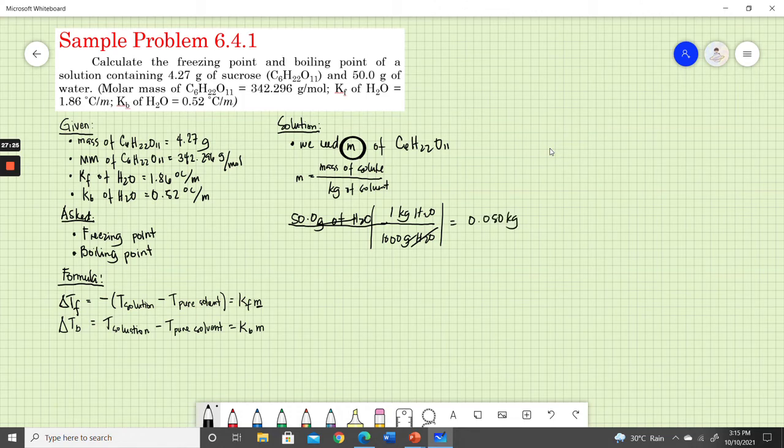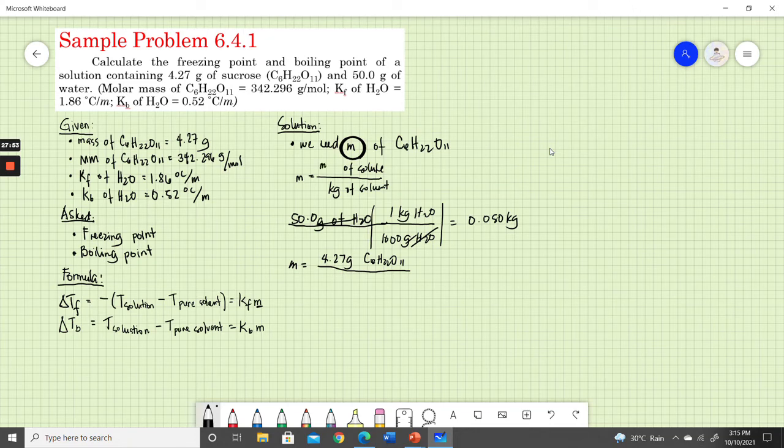Okay, so after getting the kilograms of your solvent and you have the mass of solute, the molality is equal to the mass of your solute, which is 4.27 grams of C12H22O11, which is sucrose, divided by, oh, sorry, I have a mistake.